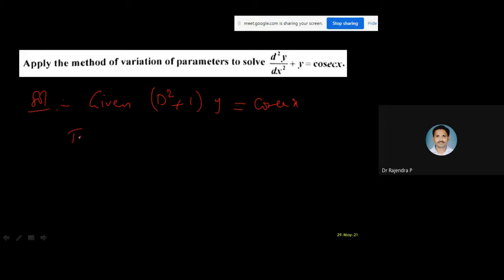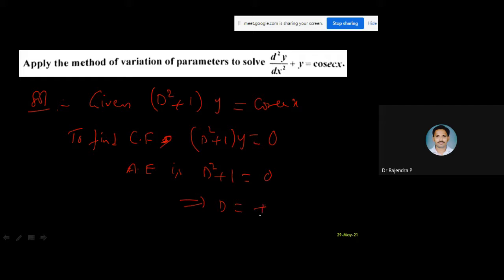To find the complementary function, what do I have to do? To find CF, I should consider only the homogeneous form: (D square plus 1) y is equal to 0. So what is your auxiliary equation? D square plus 1 is equal to 0. So what are the roots?